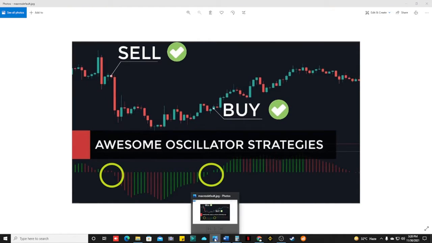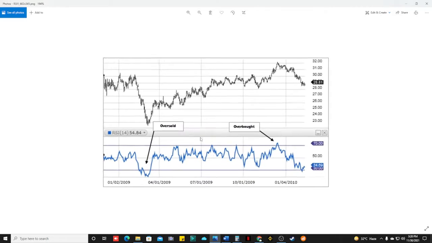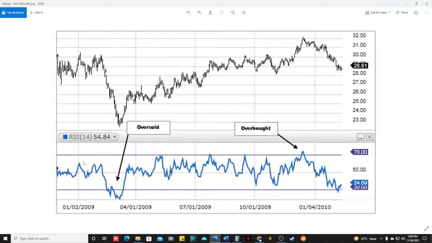So how do you use RSI? Okay, this is the RSI. It will form a line between 30 and 70. So if the graph goes down, it's called oversold.